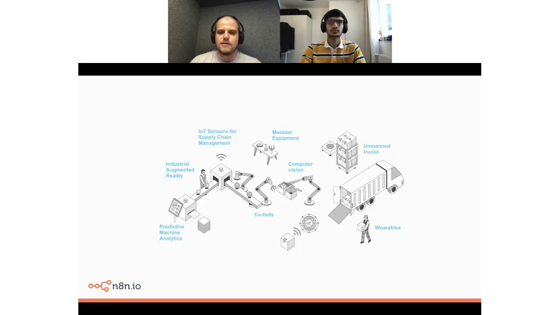You have these robots in factory lines to be more efficient for certain tasks. But all these systems basically were not interacting with each other, or only very limited. Let's take, for example, a robot. Basically, in the past, the robot was programmed to do one thing and to do one thing very efficiently.